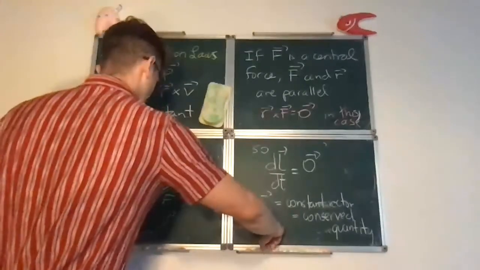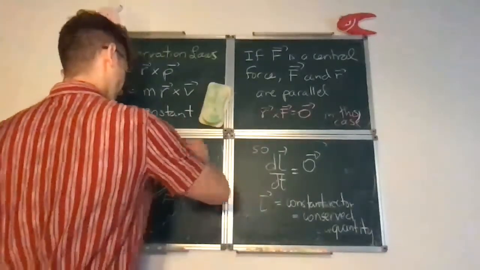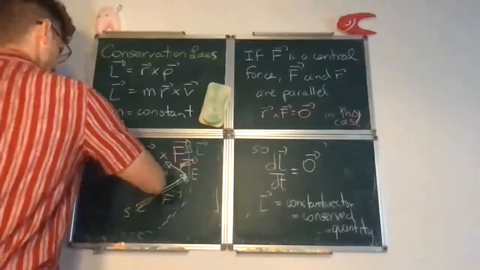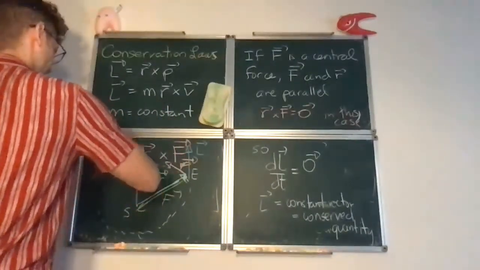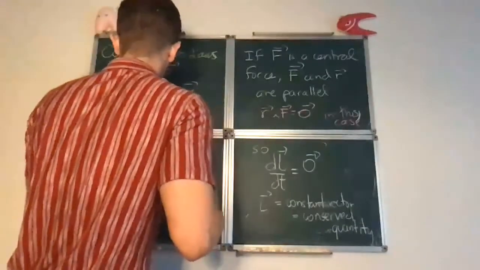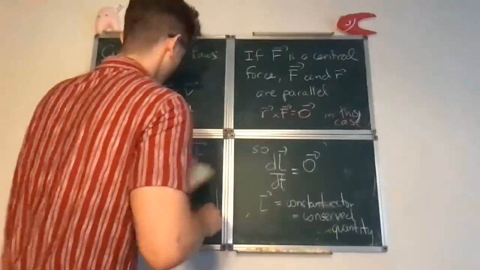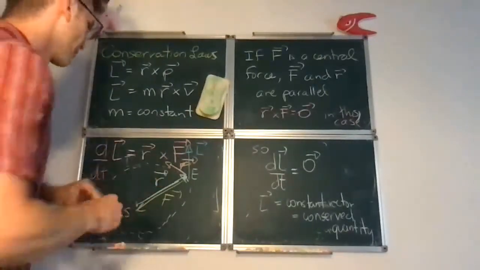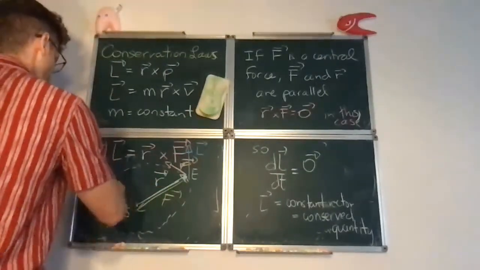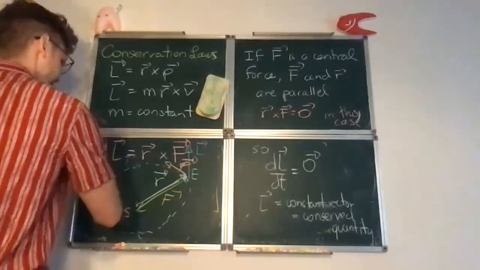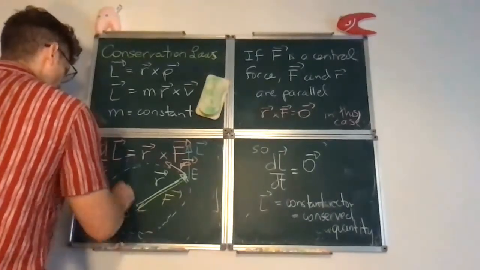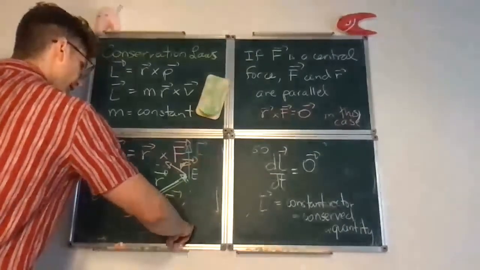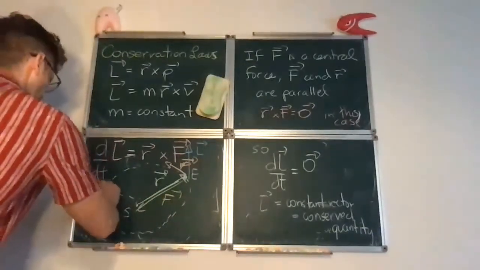So L is perpendicular to these two vectors. But even if planet Earth is somewhere else, like here, at another moment in time, now you have a different position vector, but now you have different momentum.